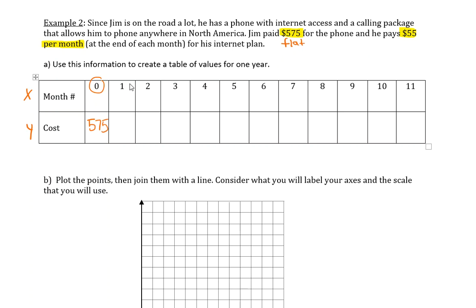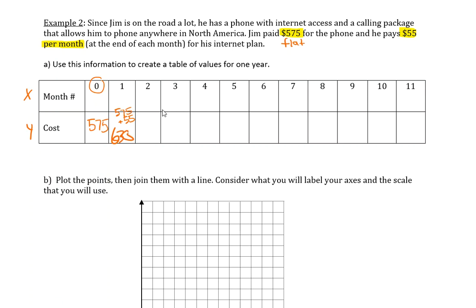So what if he has the phone for 1 month? Well, if he keeps the phone for 1 month, he has that $575 plus he had to pay 1 month of the fees, which is $55. So that's $630.